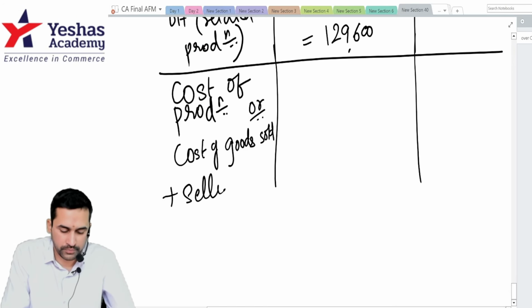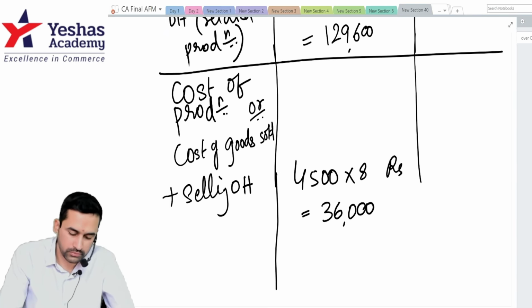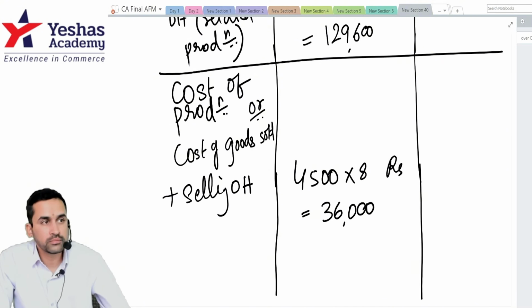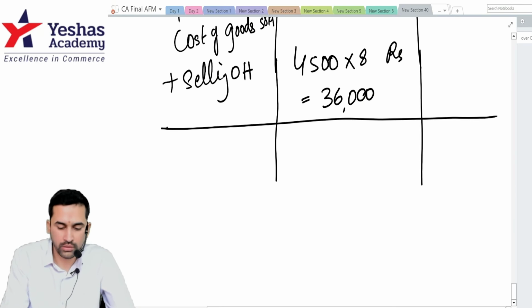Selling overhead, 4,500 units into 8. Then this should give you what?